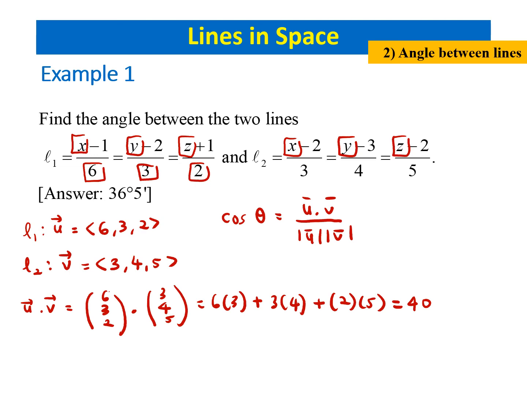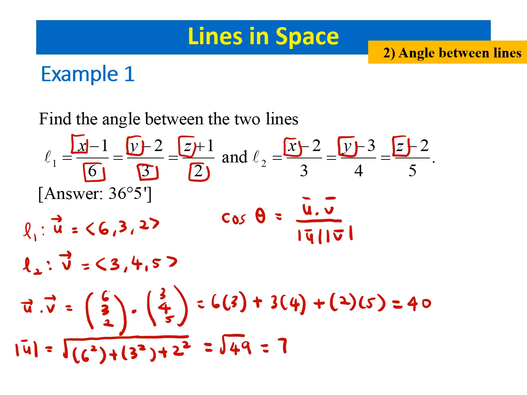Now the next step is to find the magnitude of u, where we find the square root of 6 squared plus 3 squared plus 2 squared, which equals the square root of 49, which equals 7.